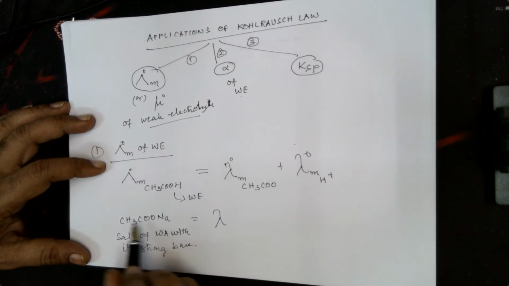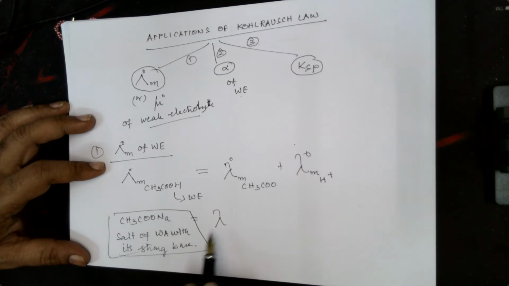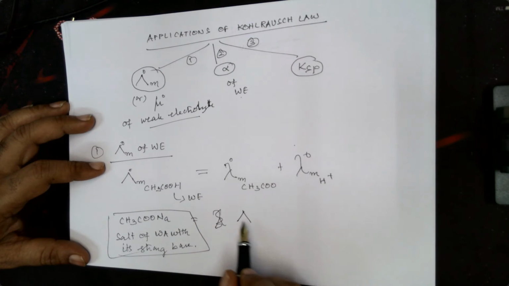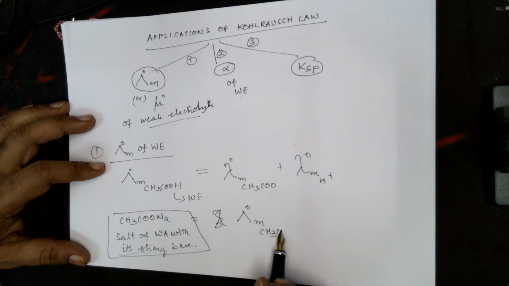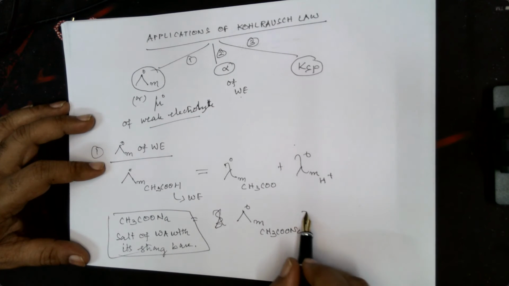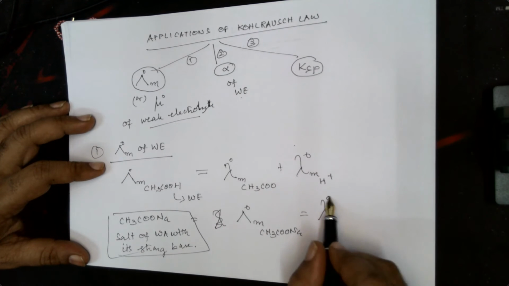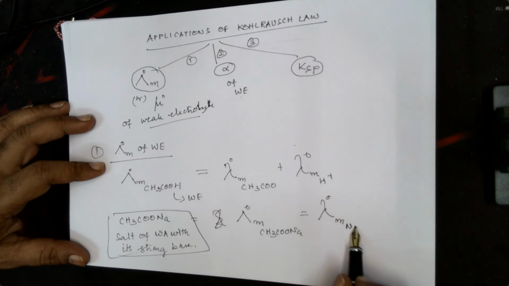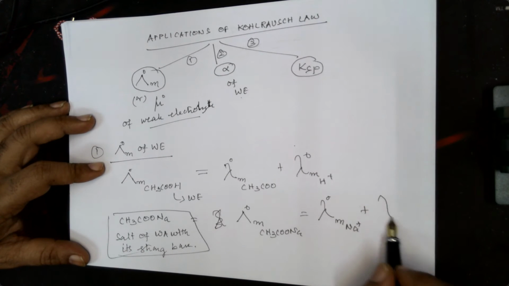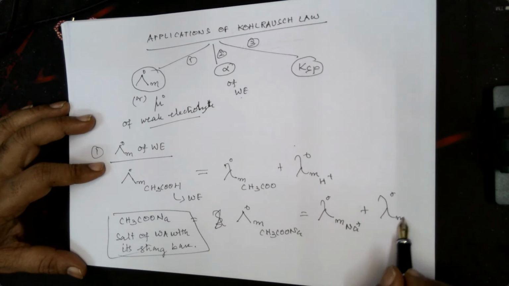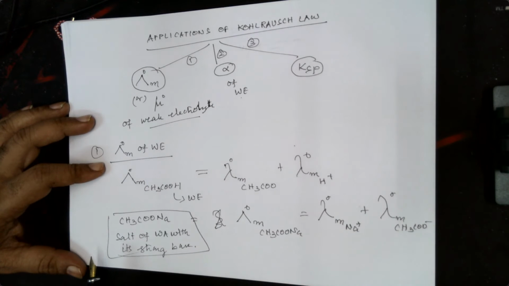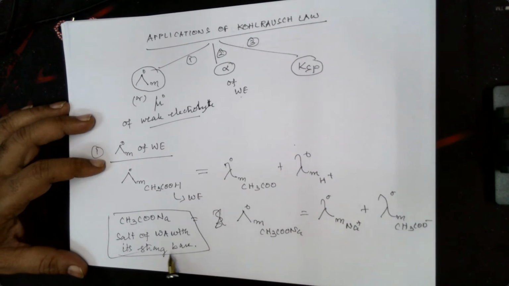So let us find out for this salt the molar conductance at infinite dilution of CH3COONa. Usually you have to write down the cation first. So Na plus, ionic conductance of CH3COO minus.